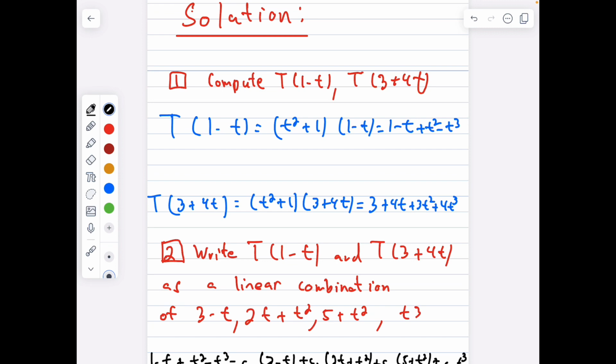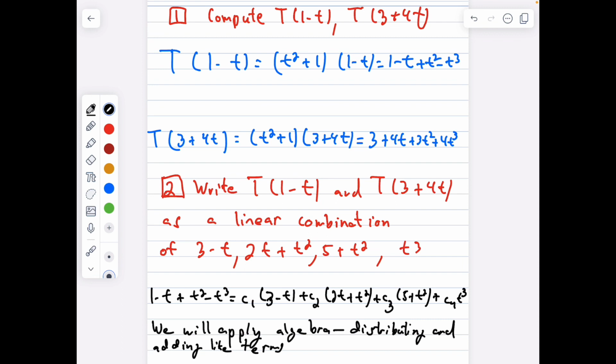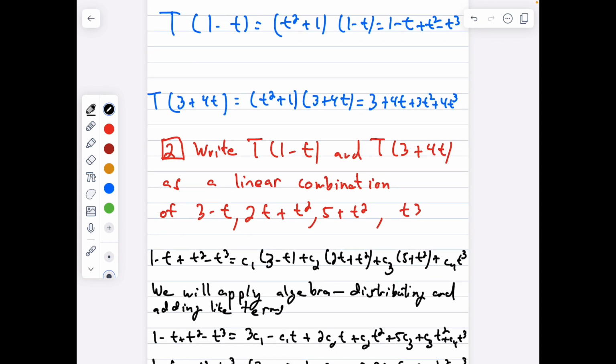Now, once you get the image of each of those basis vectors for your domain space, you write the results as a linear combination of the basis vectors for your range space. The basis B prime was 3 minus t, 2t plus t squared, 5 plus t squared, and t cubed.